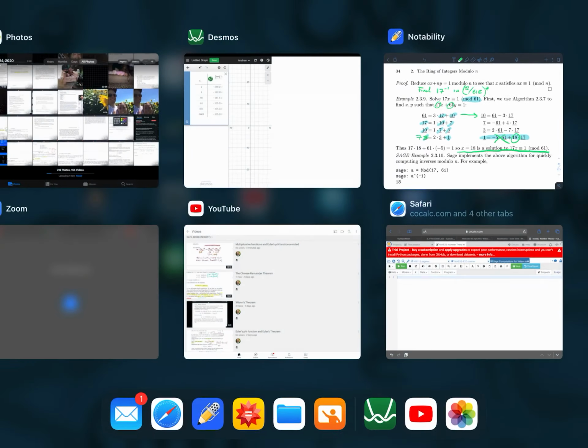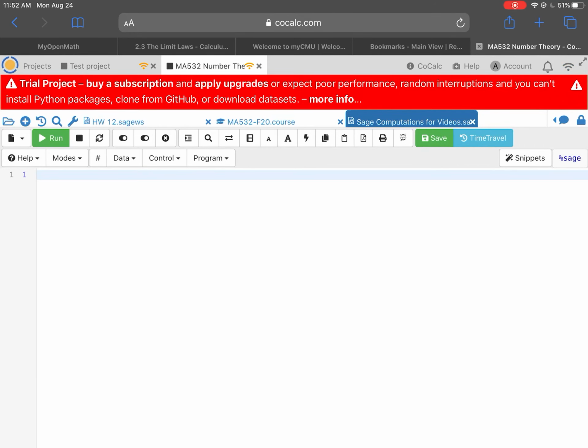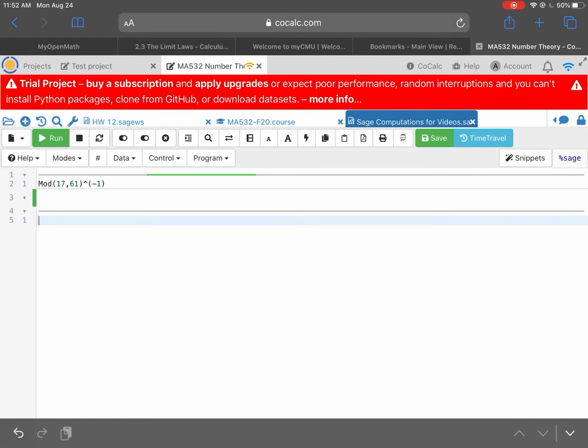So to show you that, we could just type in Mod(17, 61), and then tell it inverse, and it should spit out, fingers crossed, 18. Notice that it's a capital M, that your element 17 goes first, and that the modulus n goes second.